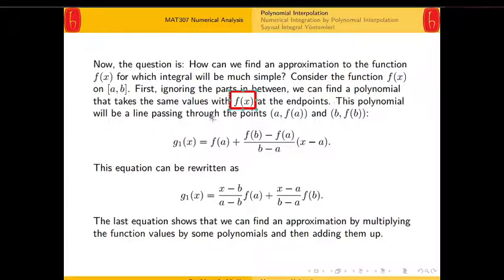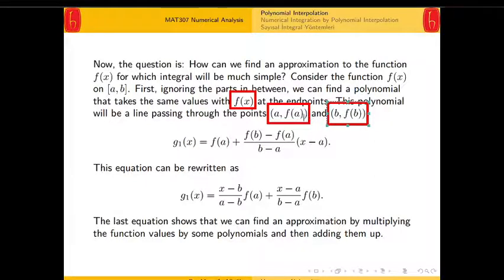So the polynomial we need to find will be a line passing through the points a, f of a and b, f of b. So this is the function value on the left end, and this is the function value at the right end.